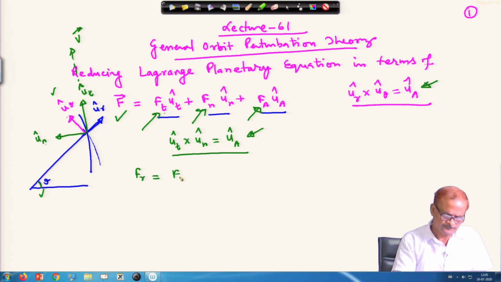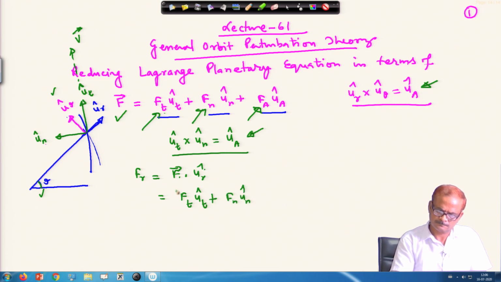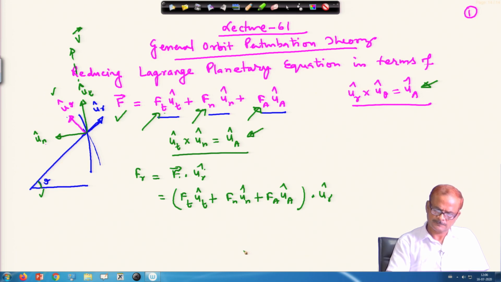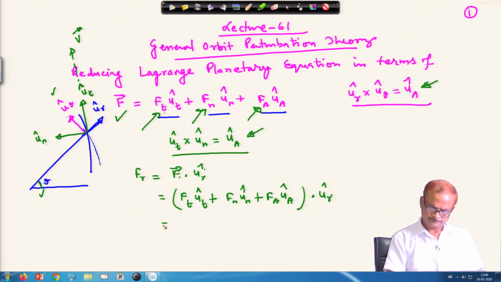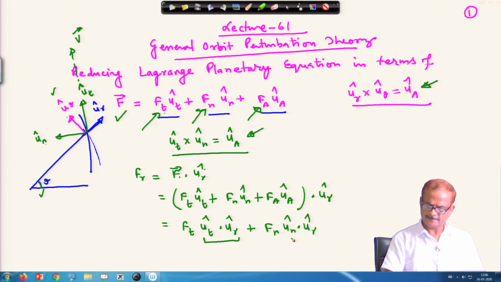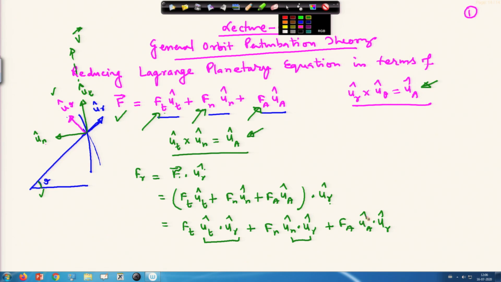So, f r we can write as f dot u r cap. They are not perpendicular to each other, but for a and r, the f a u a cap dot u r cap quantity will be 0, because they are perpendicular to each other.